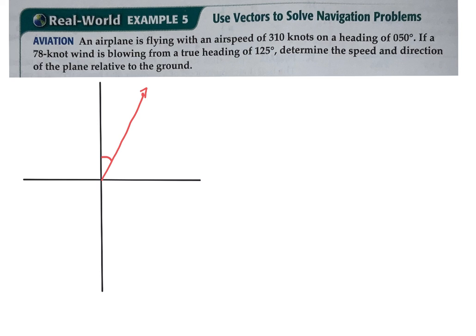My angle here is 50. And the length of this vector is 310. And I'll do these in different colors. So this is 50. And this is 310. All right? 310.